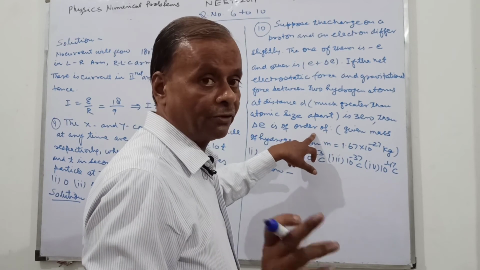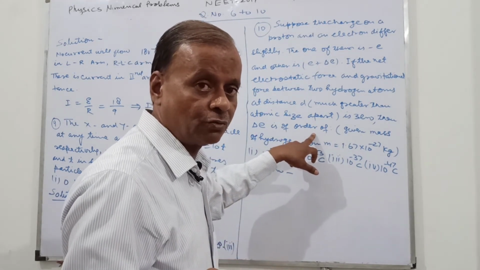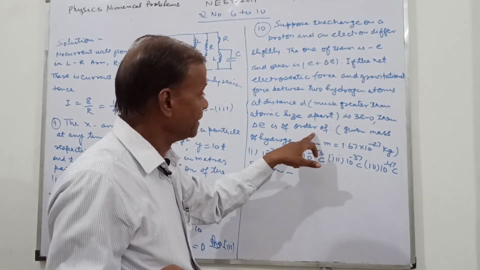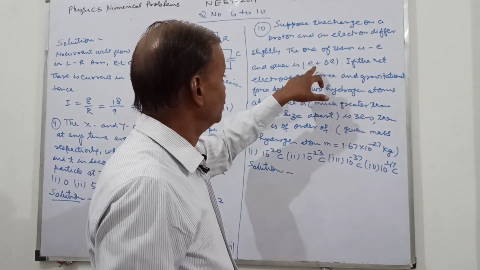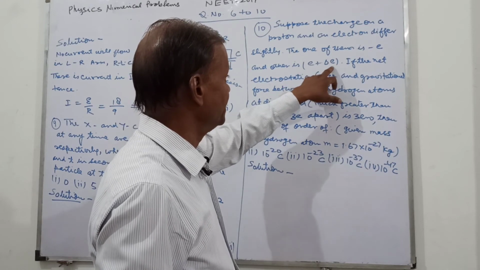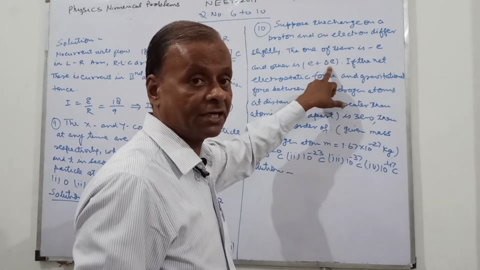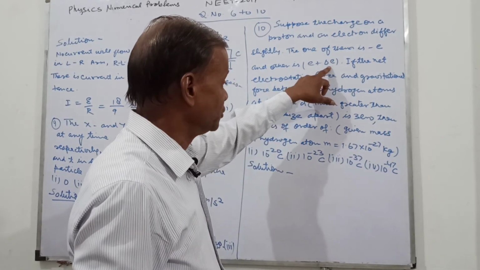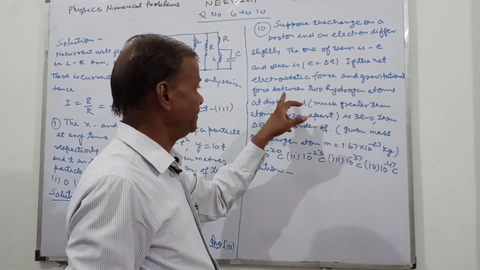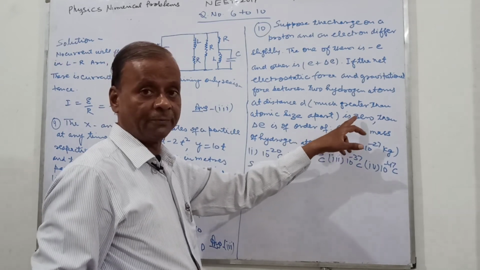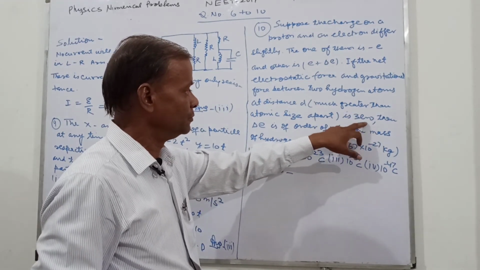We are having two hydrogen atoms, so it means that there are two nuclei having the charge e plus delta e. So only the difference is that the extra charge is delta e. Because of that, the electrostatic force and gravitational force are equal and opposite, so net force is equal to 0.